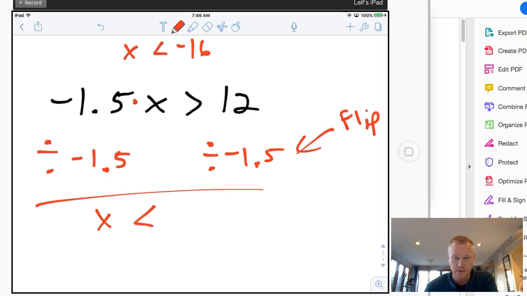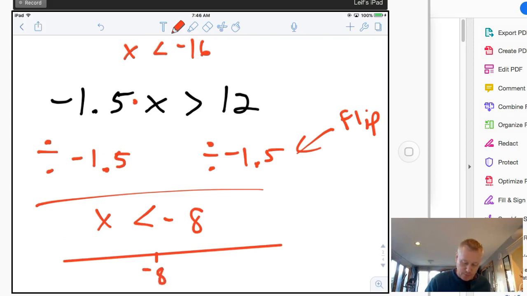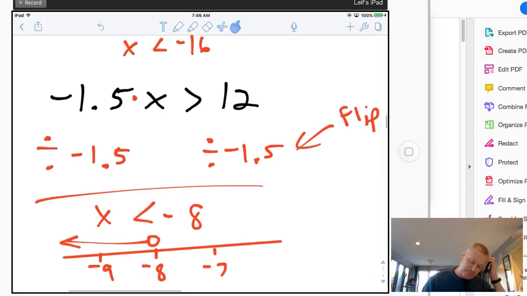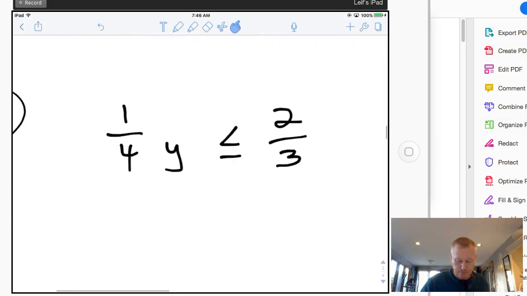Notice I didn't add a line to it. And you can always take your calculator, 12 divided by 1.5 is 8. And it's going to be negative, okay? If they ask me to graph it, go to negative 8, open dot. Here's negative 9, negative 7, that way. Okay, that's less than, and that's the solution.